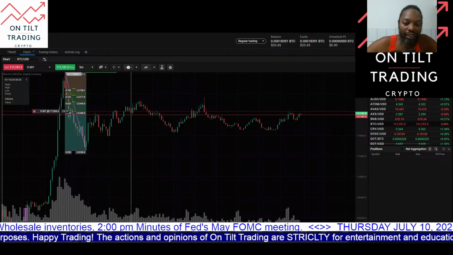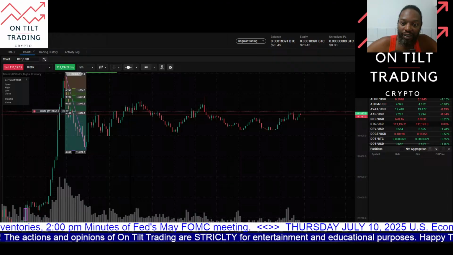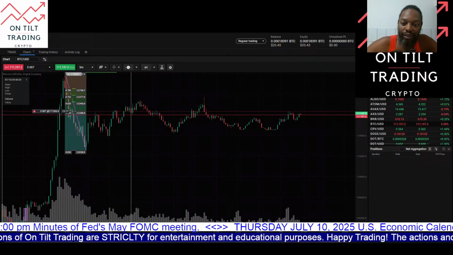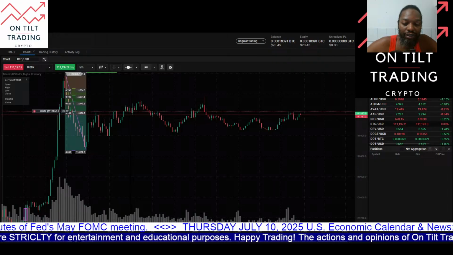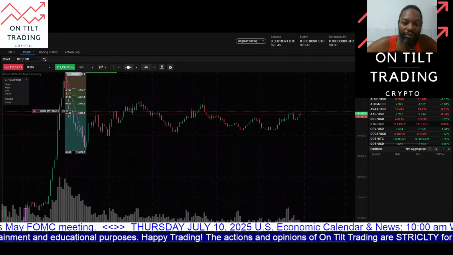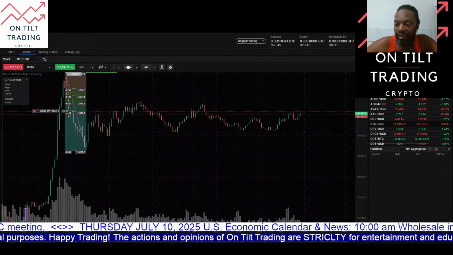here near the edge of the Fibonacci range and sweep liquidity here. This would trigger a potential long position here.